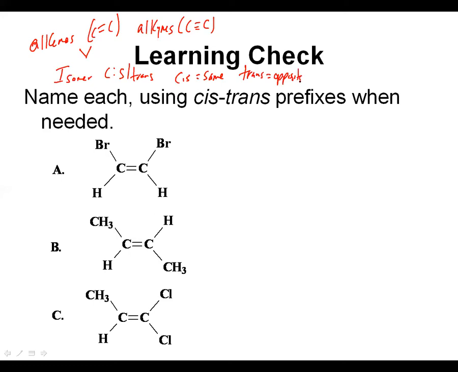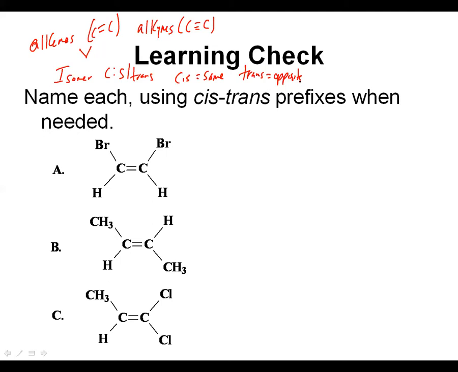Remember, we talked about a couple of important things to make sure of when you're looking at these to determine if it is a cis or a trans isomer, or even if it is possible to have one.